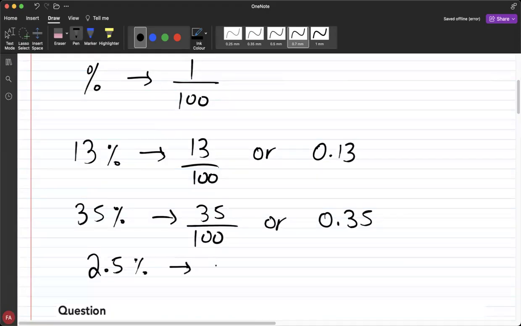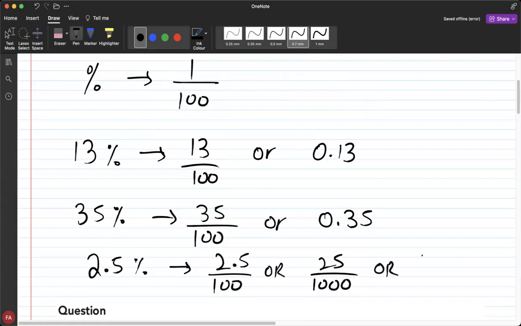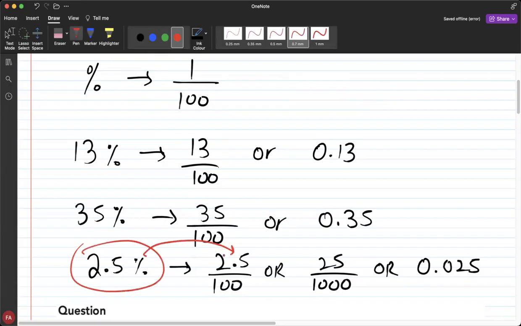So 2.5% means 2.5 over 100. I can also get rid of this decimal value and write this down as 25 over 1,000. Or I can also write this down as 0.025.